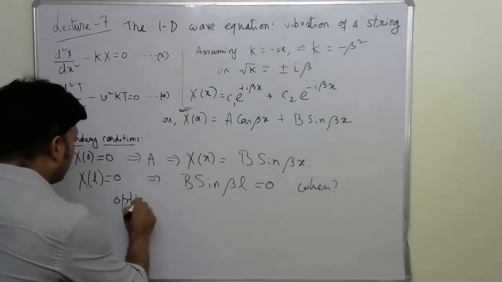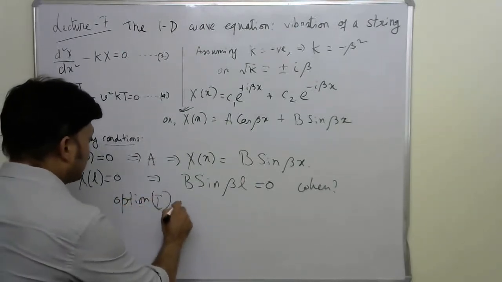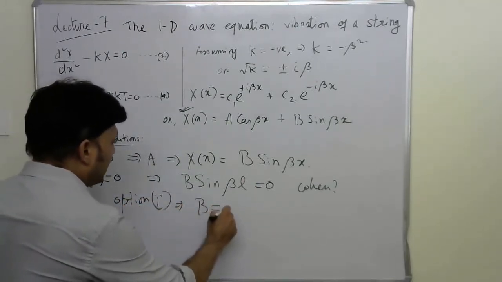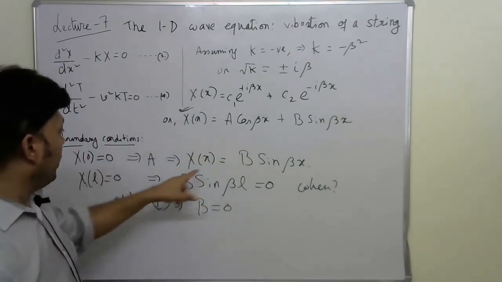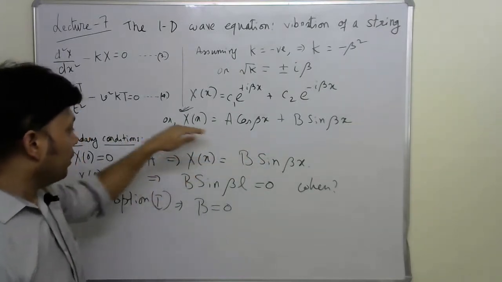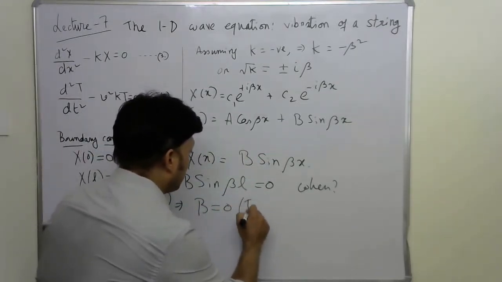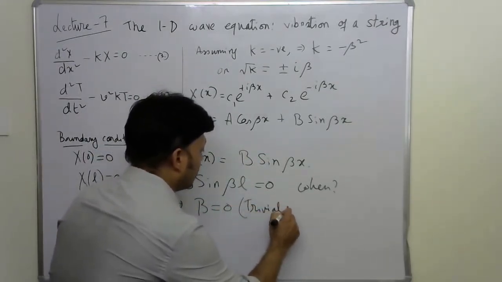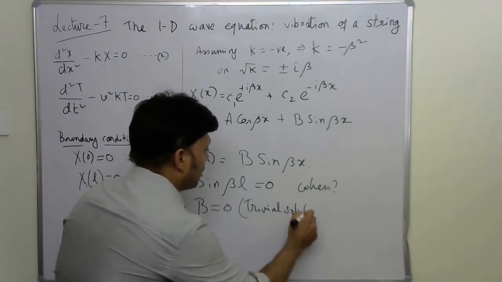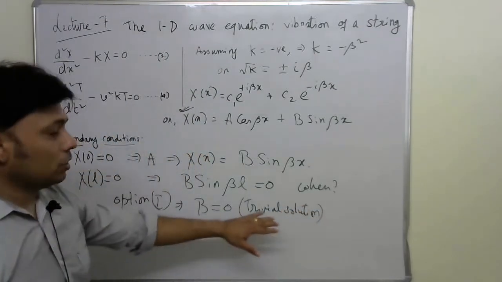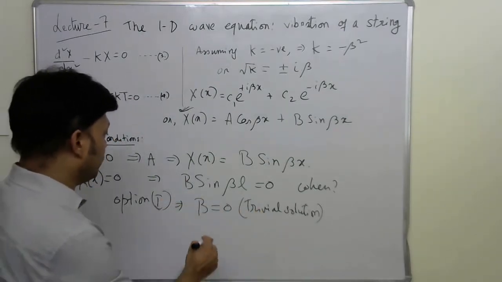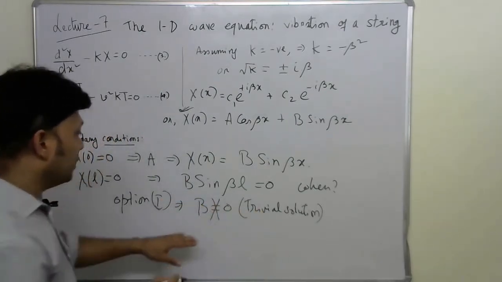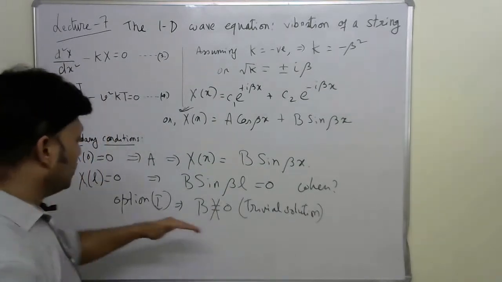So we have option 1. Option 1 says that this is true when b is equal to 0, but if we put b equal to 0, then already a is equal to 0, so everything becomes a trivial solution. Of course, I have explained earlier why a trivial solution is not wanted. So we cannot put b equal to 0. We discard this condition.